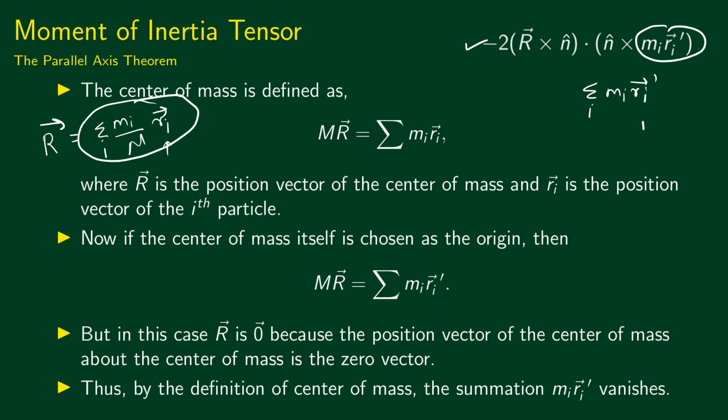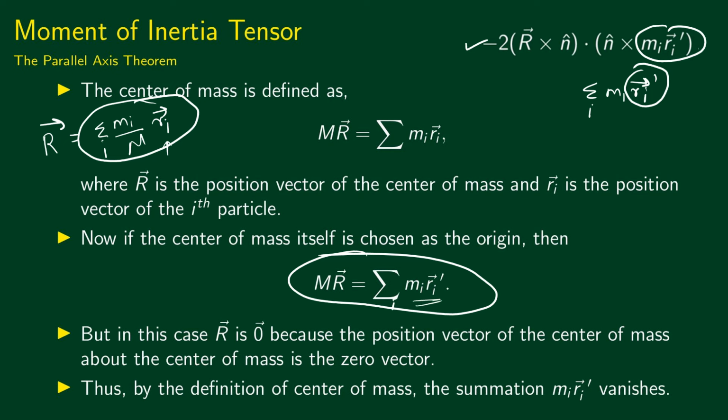Now you look back here, this Ri vector prime, what was Ri vector prime? It was the position vector of the ith particle if the center of mass is chosen as the origin. So if the center of mass itself is chosen as the origin of the coordinate system, then the definition for the center of mass would give M capital R vector equal to the sum over i of mi Ri vector prime.